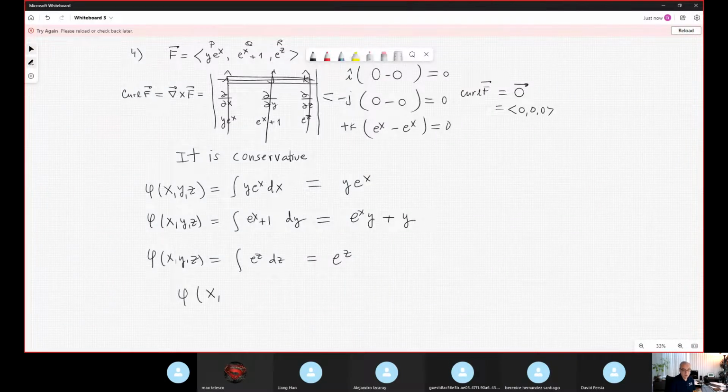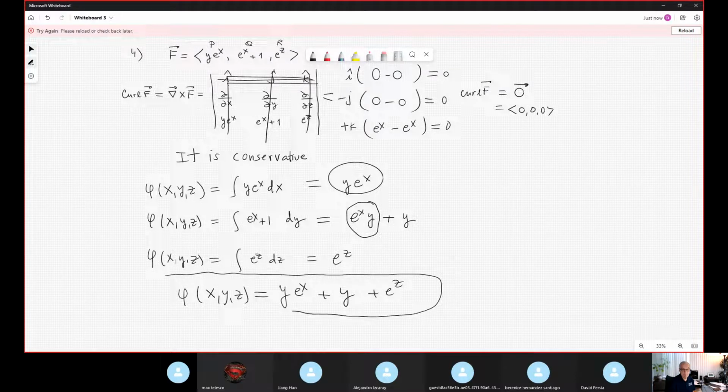Phi of x, y, z, one of the collection of these elements. By coincidence, this and this are the same. You take one. This is y e to the x plus y, also I'm taking plus e to the z. End of the story. Do you see it more clearly now? Yes. Just easy. Easy.